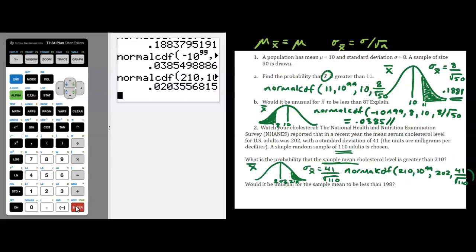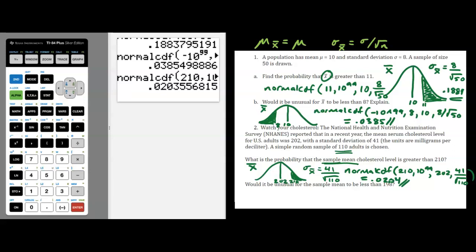Pasting this into the calculator, we end up with a probability of 0.0204, and that's to 4 decimal places. So it's pretty unlikely that you sample 110 adults and you end up with an average cholesterol level that's greater than 210.